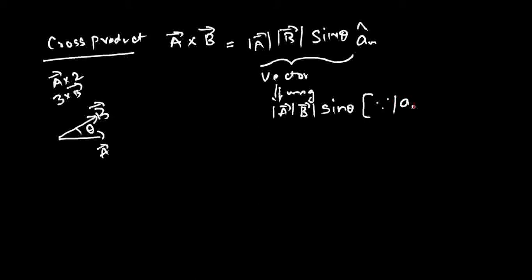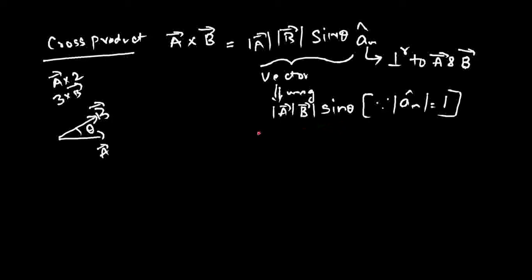Since it is a unit vector, its magnitude is equal to 1. But when you know that it has magnitude unity, you should also know the direction of this. It is a unit vector perpendicular to the direction of A bar and B bar. It is perpendicular to the plane containing A bar and B bar. It is A n cap.